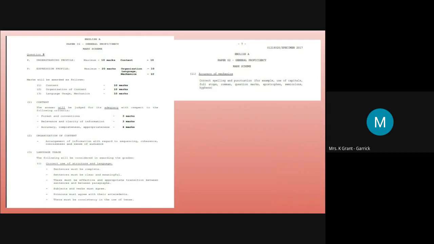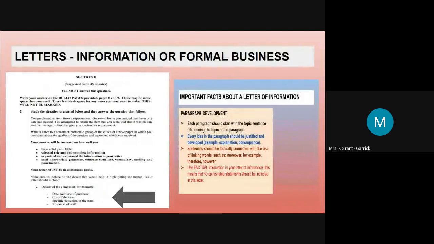So what it means for you now is that out of the 20 marks that you have remaining, if you score 5 marks out of that, which you will do because you're pretty smart, you would definitely pass this section. So let's zoom in on the letters.